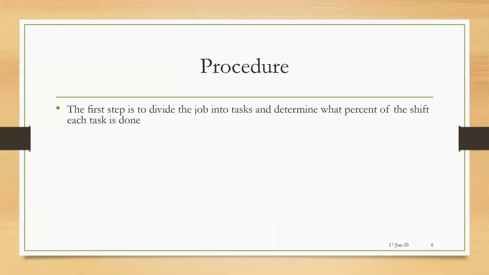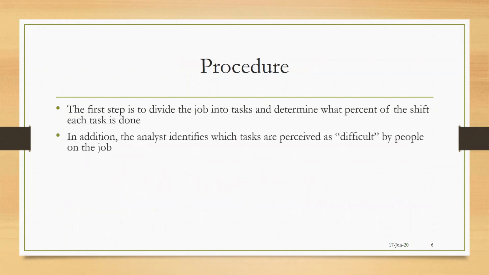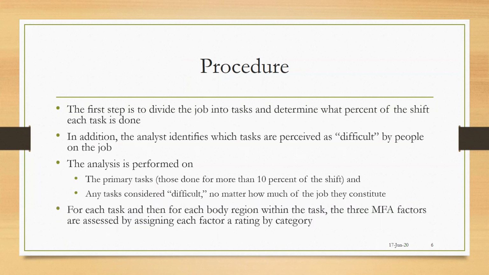The first step is to divide the job into tasks and determine what % of the shift each task is done. In addition, the analyst identifies which tasks are perceived as difficult by people on the job. So we can say that these are two ways to select a task or the job to be analyzed.